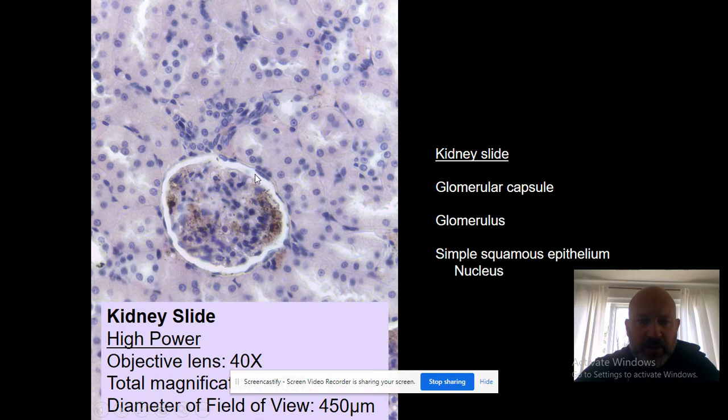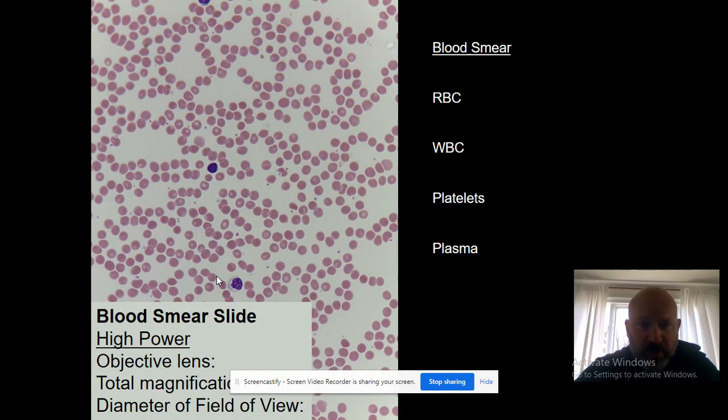This glomerular capsule, and that's eventually going to be urine. So the glomerular capsule surrounds the glomerulus. And then, of course, what lines this space is simple squamous epithelial cells. You can see they're highlighting the nucleus of those cells.